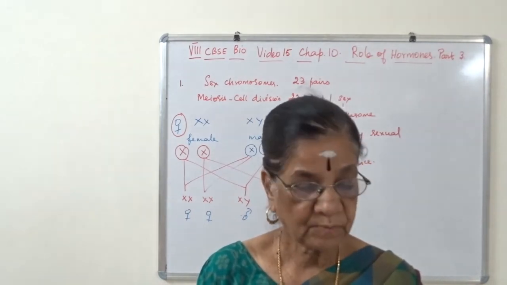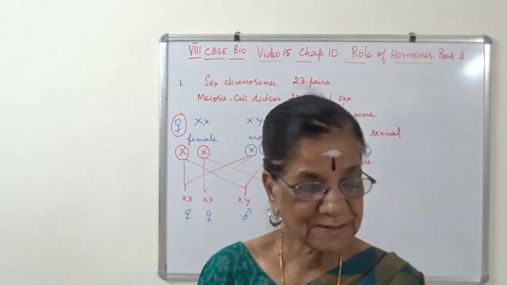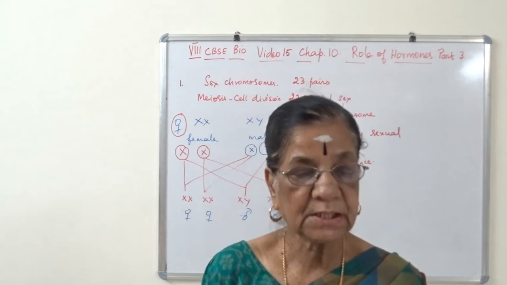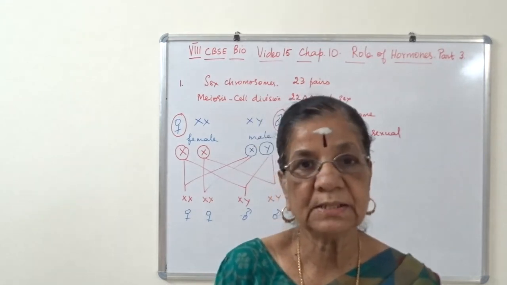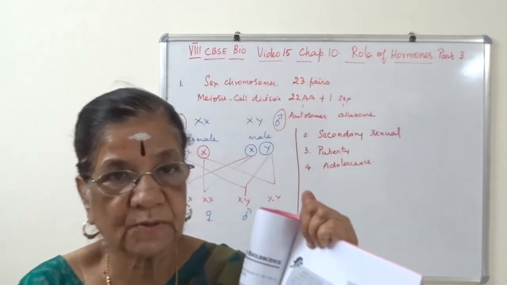At this time, the long bones, that is the bones of the arms and the legs, elongate and make a person tall. The calculation for that is given in a table in our textbook.